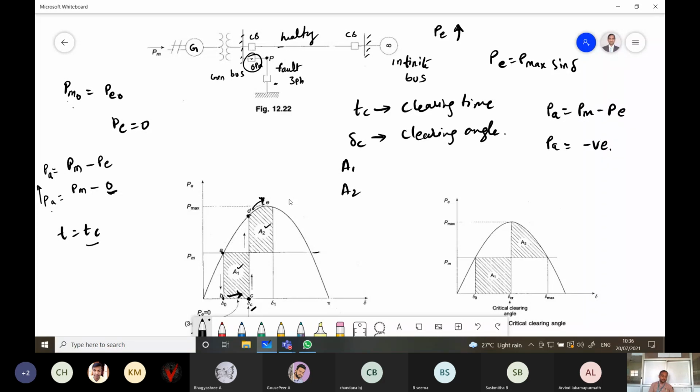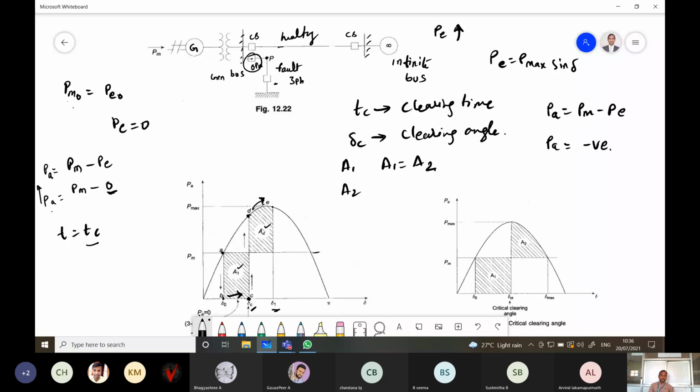Then, if an angle delta 1 can be found such that A1 is equal to A2, at this point E you draw a straight line at some angle called delta 1.